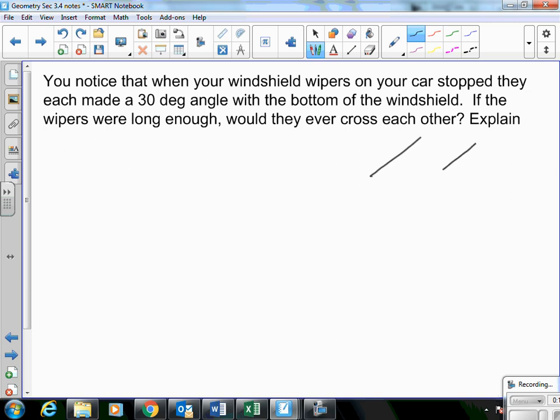So, picture a set of windshield wipers, and when they stop, you see that both angles are 30-degree angles, and it wants to know if we extended those out far enough, just kept going in both directions, would they ever cross each other? Would they intersect? Why not?